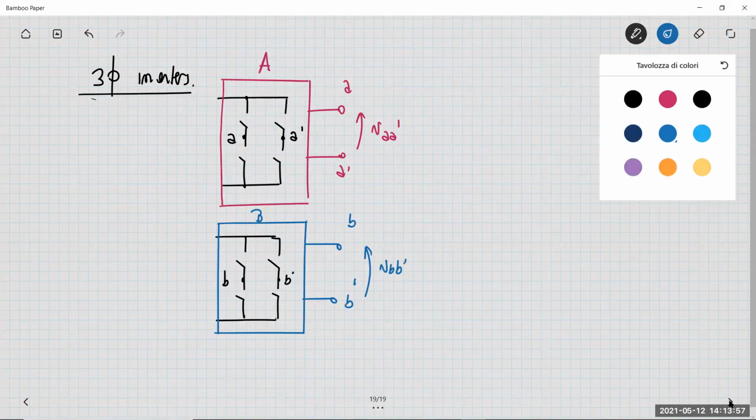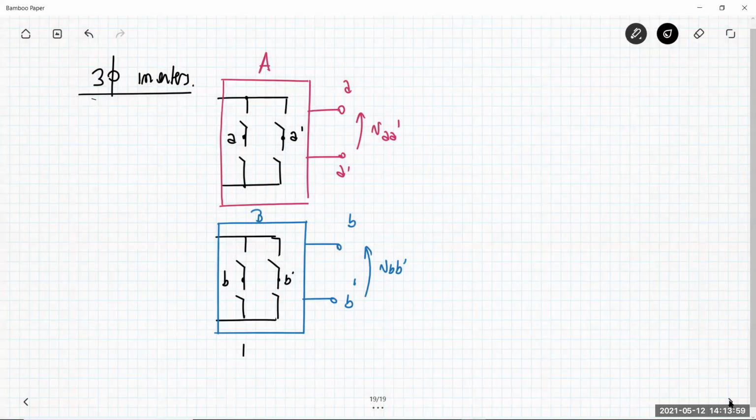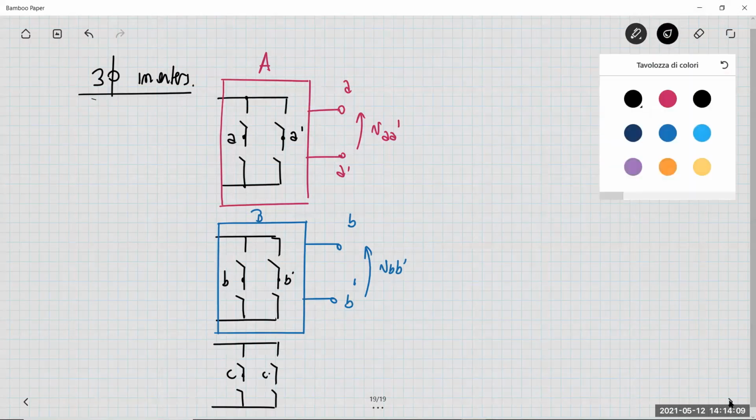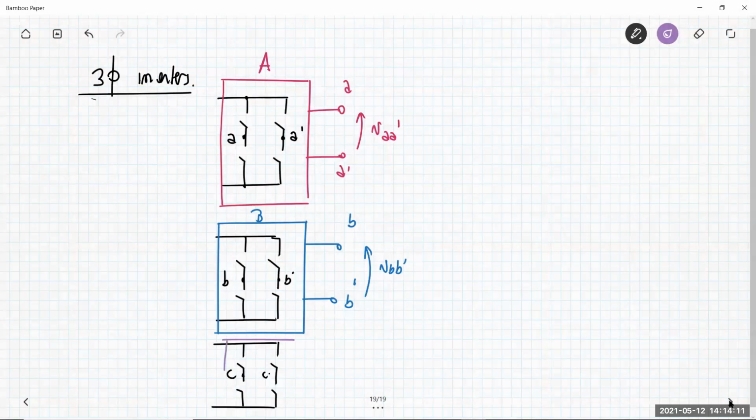And then you have a third inverter here, and this inverter has outputs C and C prime. So this is the C inverter, C and C prime, and between these nodes we have VCC prime.